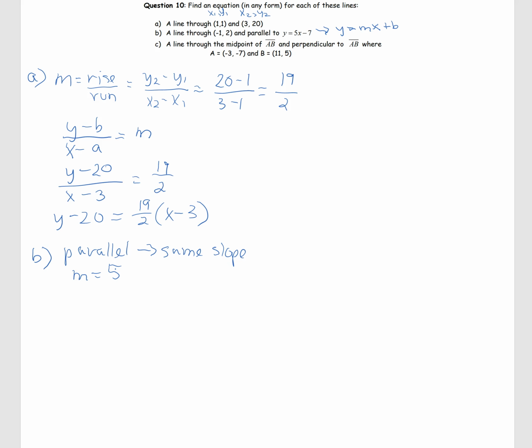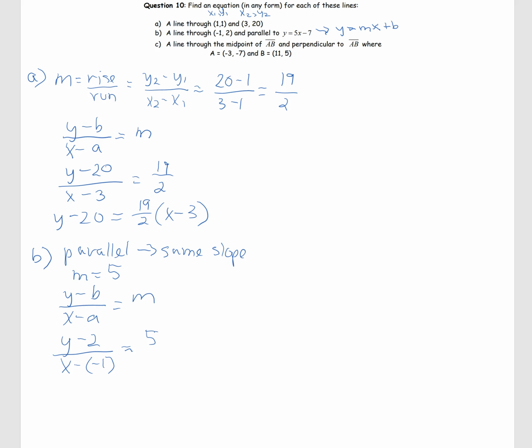Okay, and now we can do the same thing using our point slope equation, which I'm going to rewrite here as (y minus b) over (x minus a) equals m. I'm going to use the point we've been given, (-1, 2). So my value b is 2, and I have y minus 2 on the top. And then I have x minus a, which is x minus -1, on the bottom, equals m, our slope, which we know is 5.